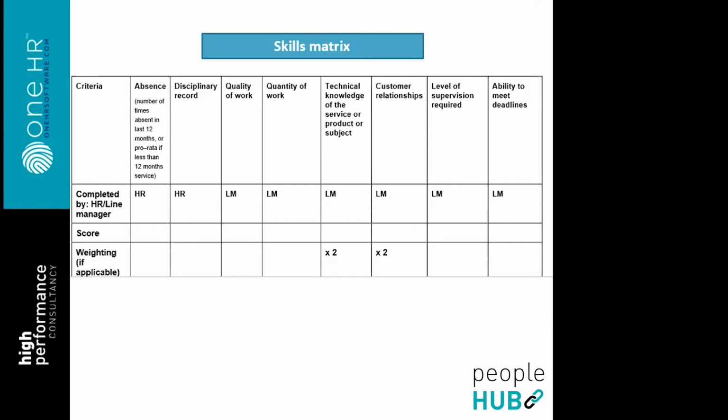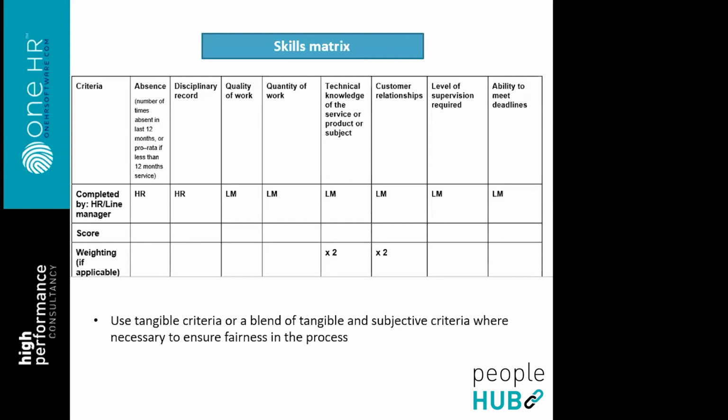If you're going to use subjective stuff, so the technical knowledge, customer relationships, level of supervision, I'd always recommend putting a blend of them together. So I would never rely on just subjective criteria, because you've probably got more chance of that being challenged if you've got a manager mark on somebody 1 out of 5 on the customer relationships.